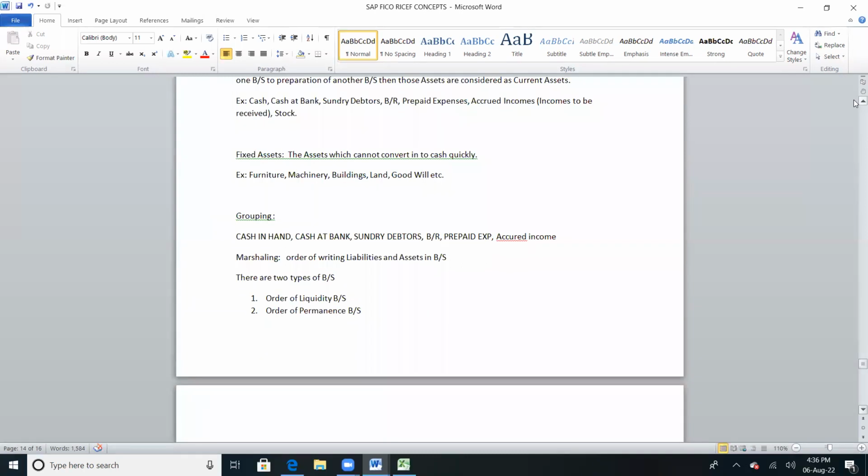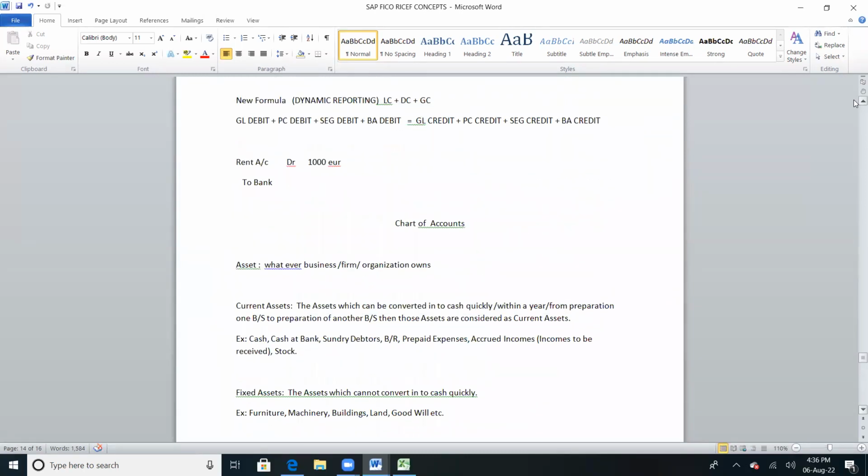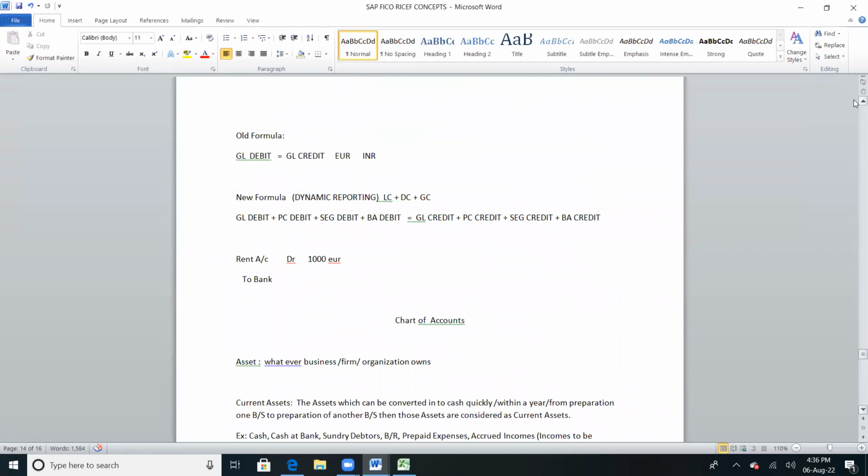Grouping and marshalling, so give me some time to give you the complete concept. As I said, our course will get completed in 8 to 9 months max. If you rush, we could finish the FI part within 4.5 months, and then you will be ready to attend interviews. But whenever you get time, please practice it. A lot of practice is required.